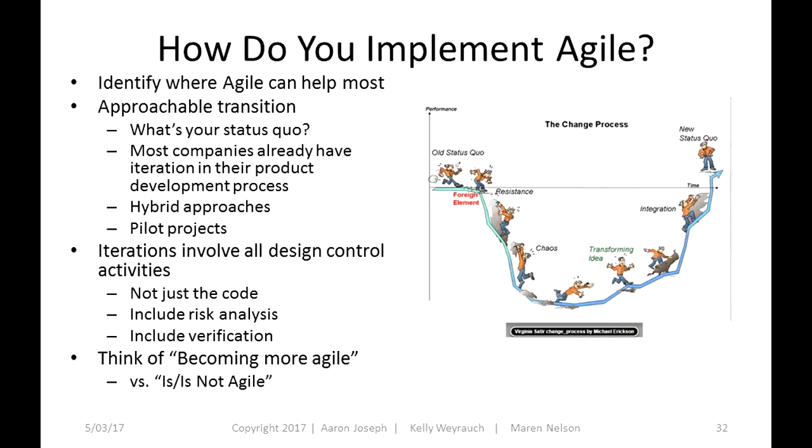So how do you implement Agile? Specifically, you identify where Agile can help most. We had a discussion this morning at breakfast where somebody mentioned that they use risk management and risk assessment in doing their development planning. Maybe you use this idea of incremental planning to focus on the risks that are highest in your product development process or in your product implementation, and you work those through as you do it first.